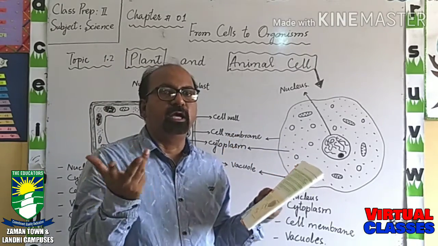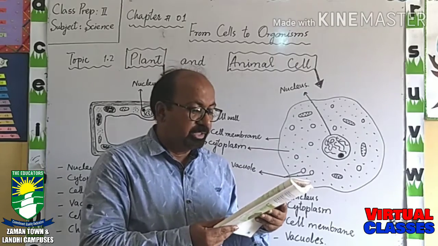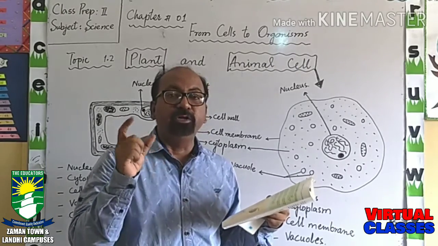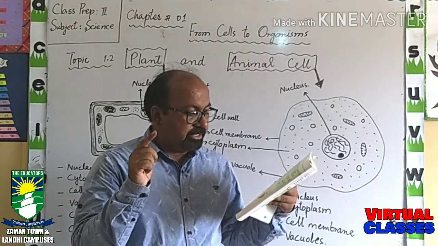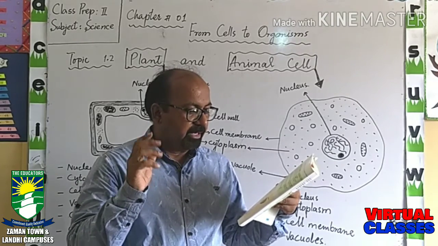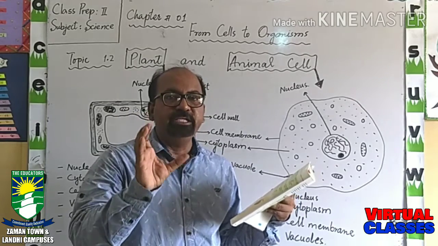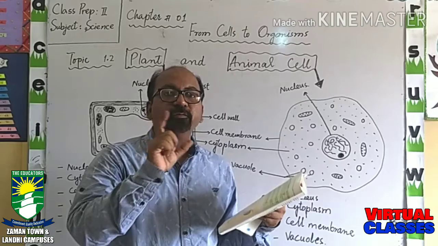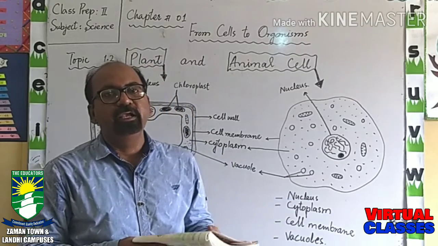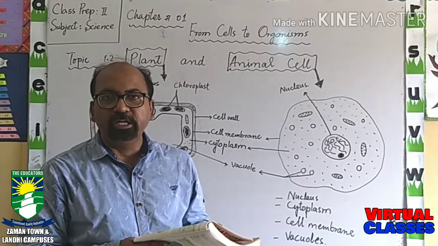So the question is, what are chromosomes? Chromosomes are made up of protein and DNA, and this DNA has the genes. Genes are part of chromosomes. The full form of DNA is deoxyribonucleic acid.